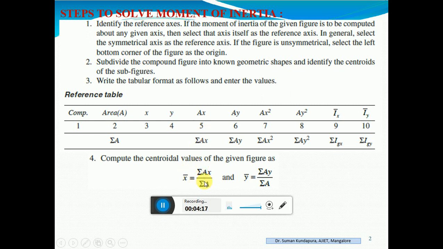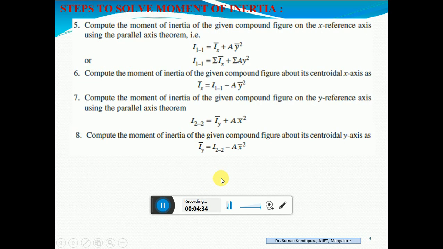This will be used here to find x bar and y bar: summation Ax divided by summation A. Summation A comes from the total area of all the individual components. You club up and find out summation A. Likewise, you find x bar and y bar, the centroid of the figure.